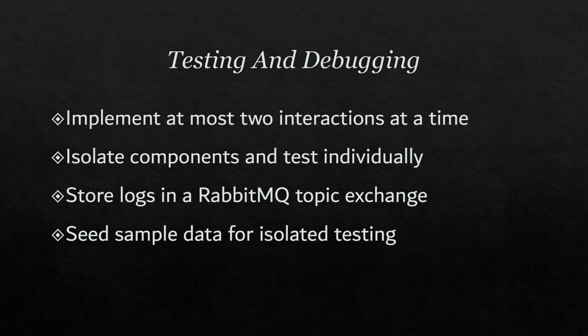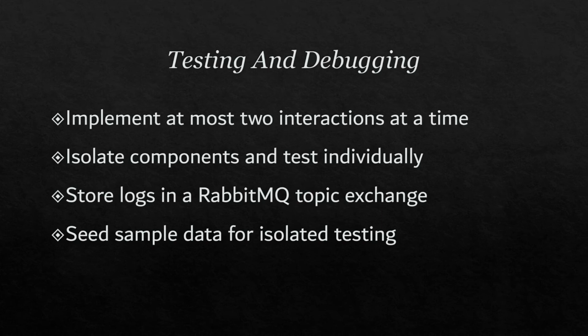For testing and debugging, I found that keeping things simple worked the best, so implementing at most 2 interactions at a time, whether it be the Redis database and the API, the topic exchange and the worker node, or the UI and the API, only looking at an isolated set worked the best. I stored all my logs in a RabbitMQ topic exchange. This gave me a centralized kind of log database.